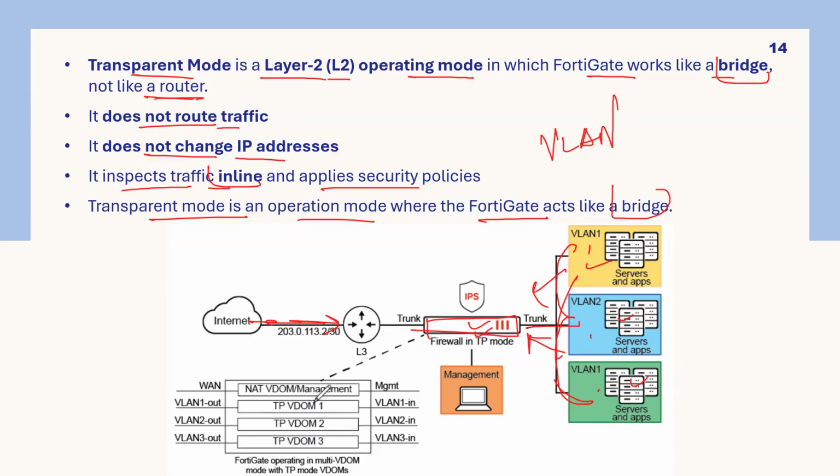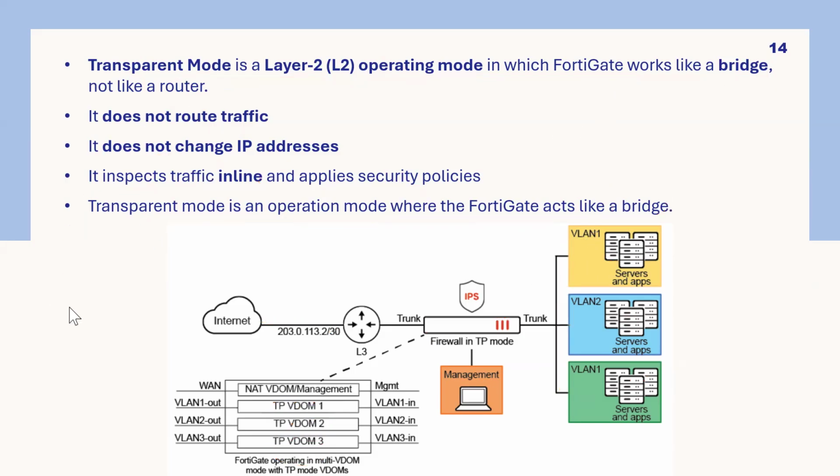Based on this we can also have VDOM, that is virtual domain. So in layer 2, it will be acting as a layer 2 device, responsible for enabling communications within the local area network only.